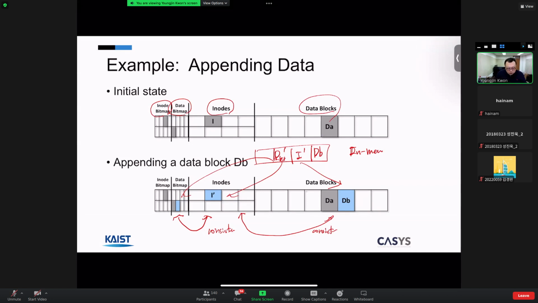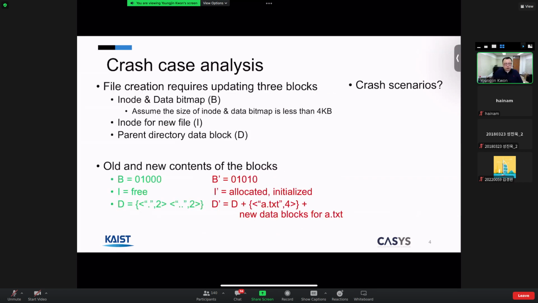No matter how, for example, when you're updating the inode and a crash happens, the disk should still be in a consistent state. That's the definition of consistent. Typically you can analyze this case. The three things are bitmap B, inode I, and data D. These are the original data, the on-disk state.